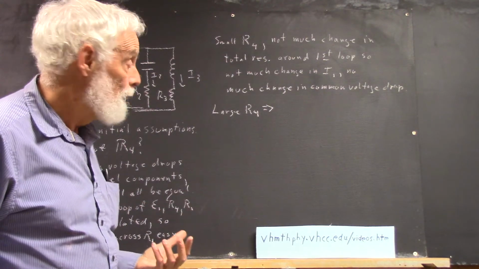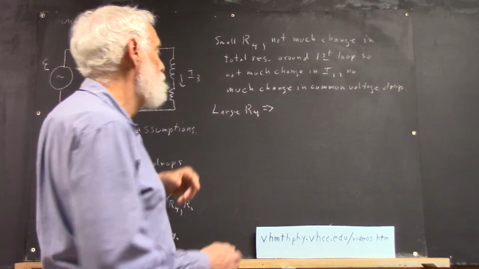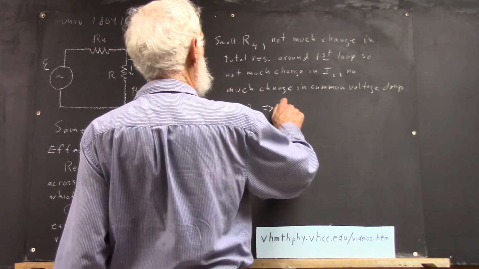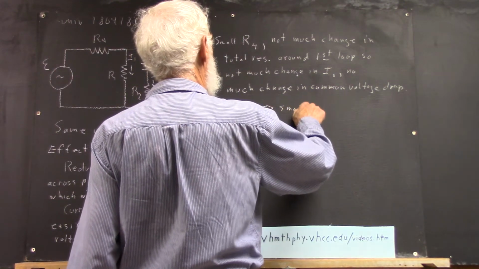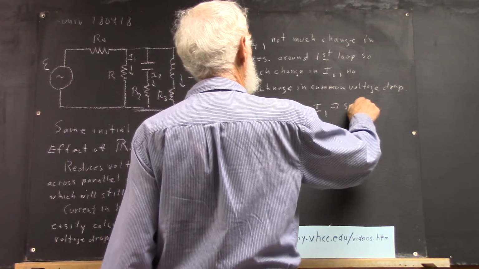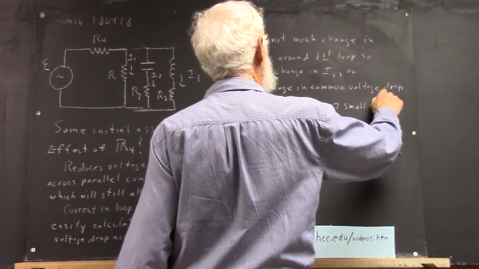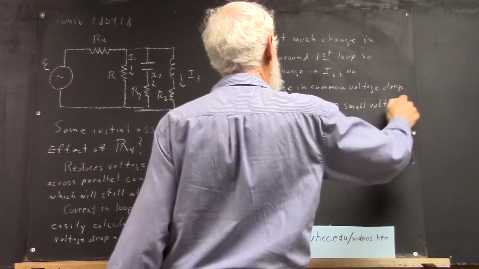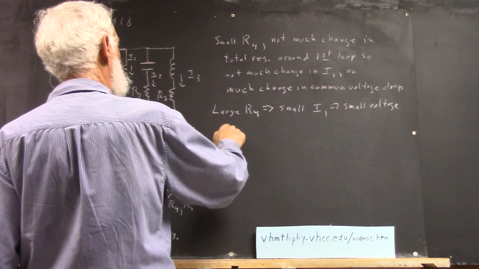Okay, so a large R4 implies small I1, which implies small voltage drops.